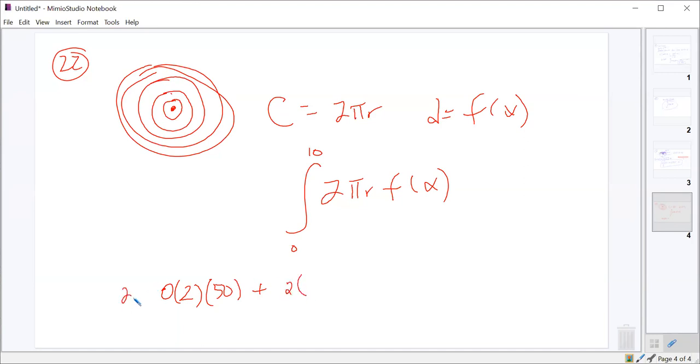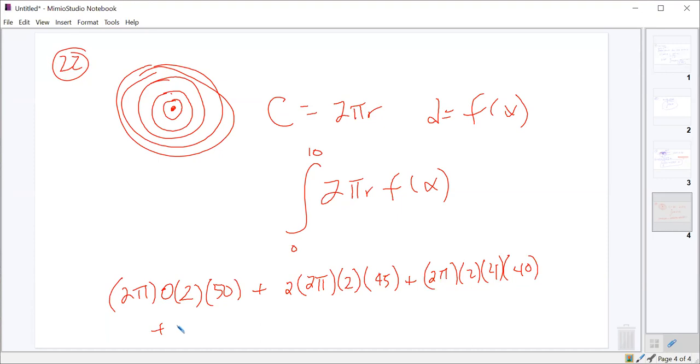Oh, sorry, I forgot my 2 pi in there. We should get 2 pi times our r value, which is 2, times our height, which is 45. And for the next one, we should get our 2 pi times our 2 again, because the length of the interval is 2, times our r value, which is 4, times our height of that one, which is 40.